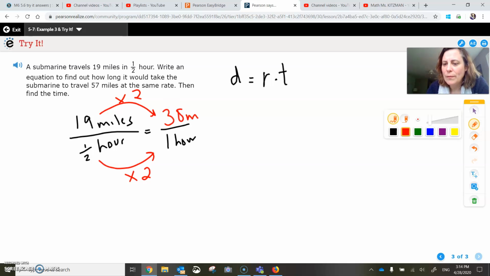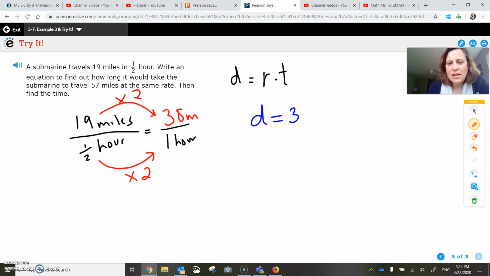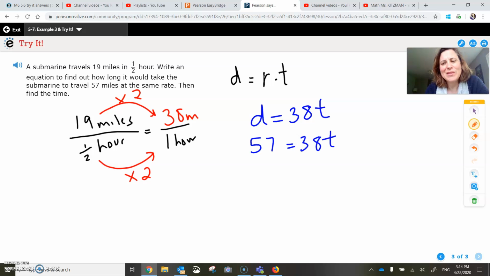So here's what we know. Your distance that you travel on this submarine is equal to 38 miles times however many hours you traveled. So it says, how long would it take the submarine to travel 57 miles? 57 is the distance. And I know it's going to be less than 2 hours because 2 hours would be in the 70s already.